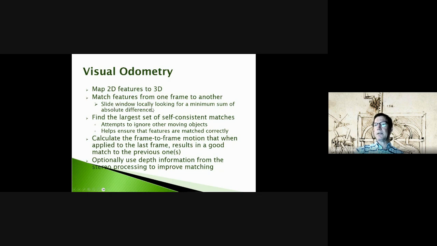We might take a little local window and slide it around where we compare the previous frame with this frame, and we look to where that provides kind of the minimum sum of the absolute differences, right? What is that? So it's kind of like a root mean square type of error that we're pretty used to dealing with in electrical engineering.